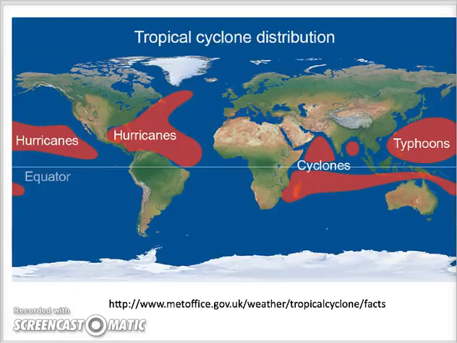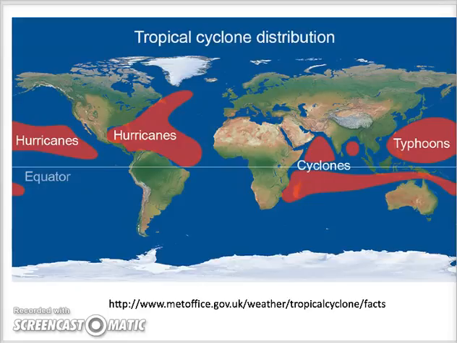The final stage involves the formation of an eye where winds are light and skies are largely clear. The eye has a diameter of 50 to 100 kilometers and is surrounded by a cloud eye wall, where air ascends, and by circular bands of very high wind speeds.